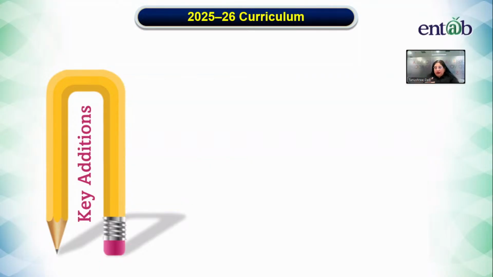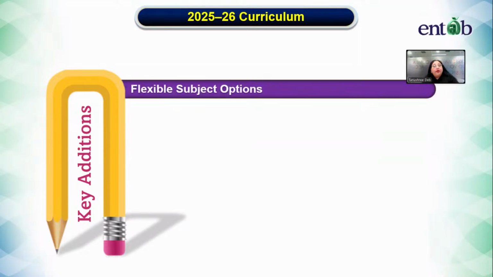Next, if we see all these key additions that we need to add to the 2025-26 curriculum, we also have to ensure inclusive and equitable education. That means we have to support diverse learning needs.